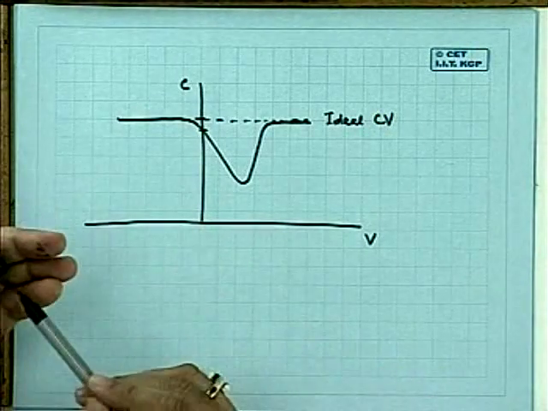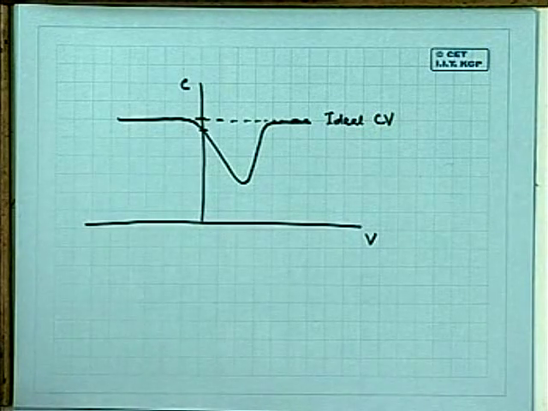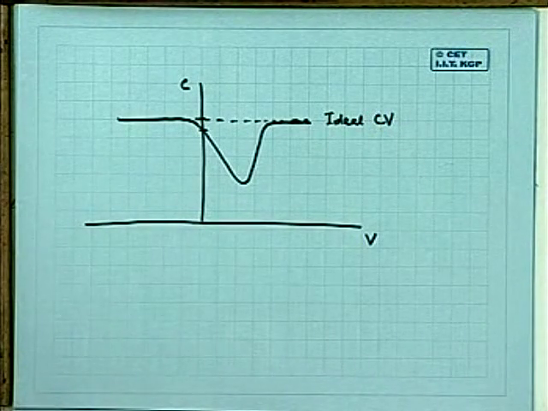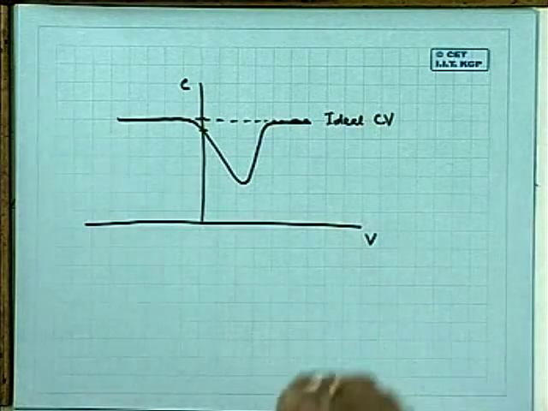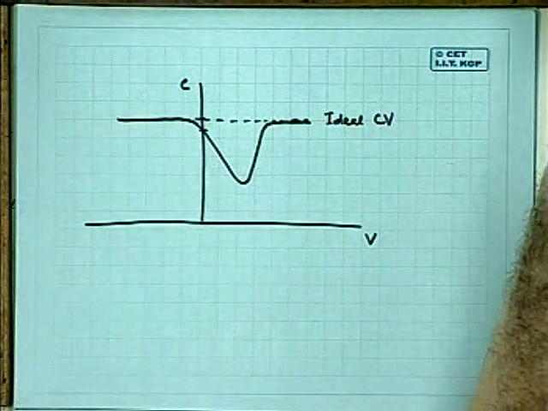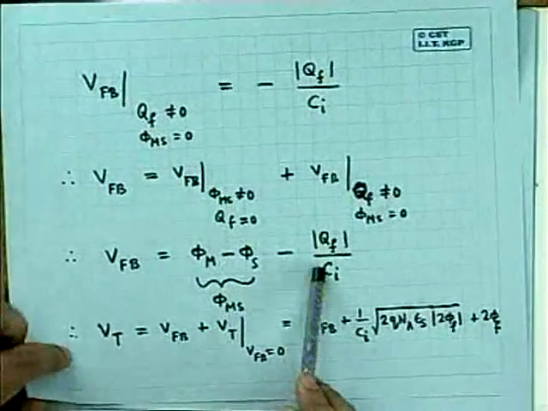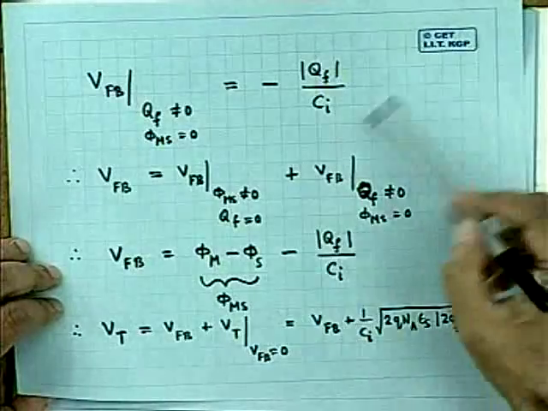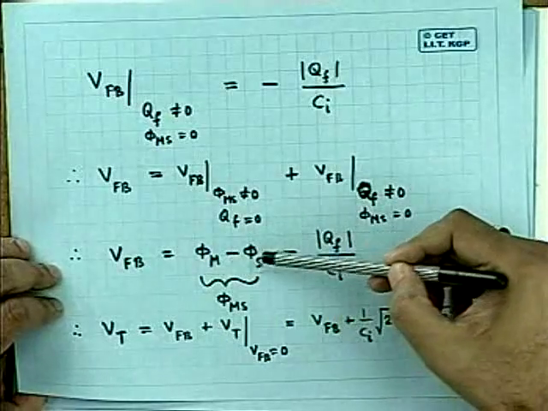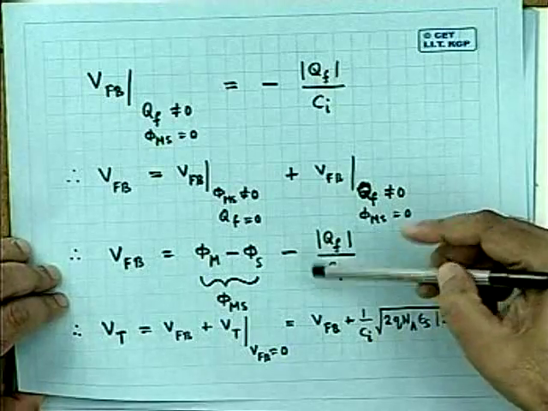What would be the typical, say in the case of NMOS, expected flat band voltage, negative or positive? In our NMOS case, what will be the sign of VFB? Negative, because phi m is less than phi s, you already noted, and this quantity itself is negative, I have told you. So it will be a negative quantity.